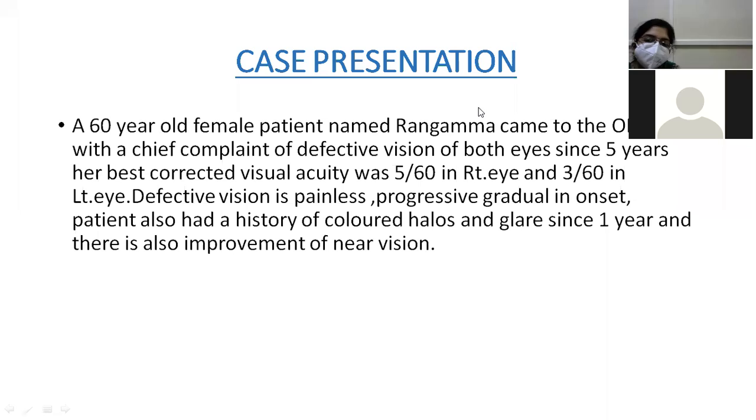What's the shape of the cornea? Elliptical, sir. Then you should have two measurements, vertical and horizontal diameter. Horizontal is 11.5 to 12 mm and vertical is 11 mm.